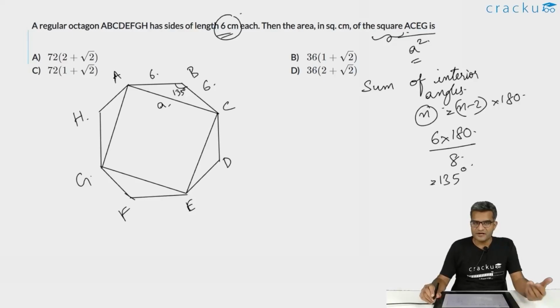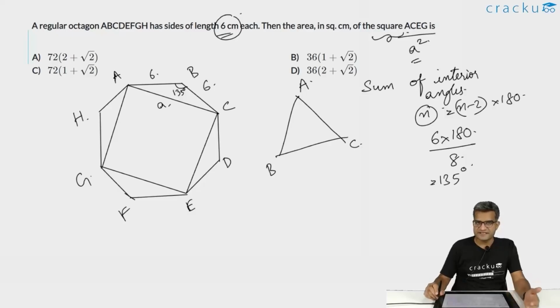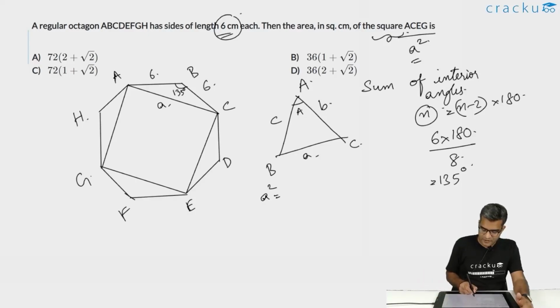Now to calculate the value of a square, we just need to use the cosine rule. What does the cosine rule say? In a triangle, if this is triangle capital A, capital B and capital C, if the 3 sides of the triangle are say b, c and a, and if this angle is say capital A, a square is equal to b square plus c square minus 2bc cos A. This is true for all triangles.